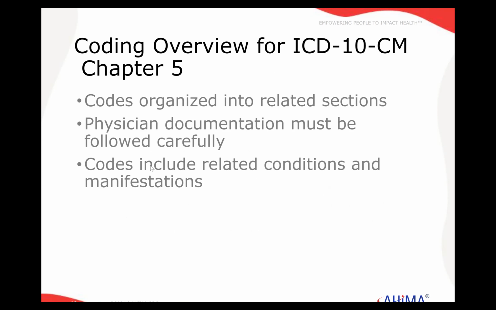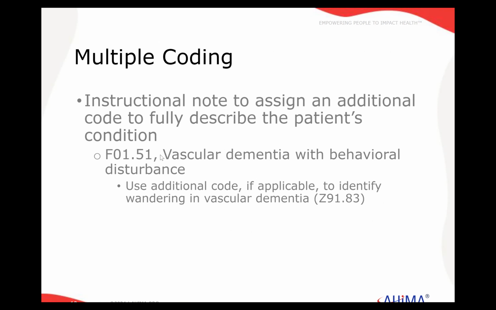And again, as we talked about, there are a lot of notes to code related conditions, pancreatitis, some of these other things that you'll see. And then sometimes there'll be notes to assign an additional code. And we can see an example here, F01.51, vascular dementia with behavioral disturbance.